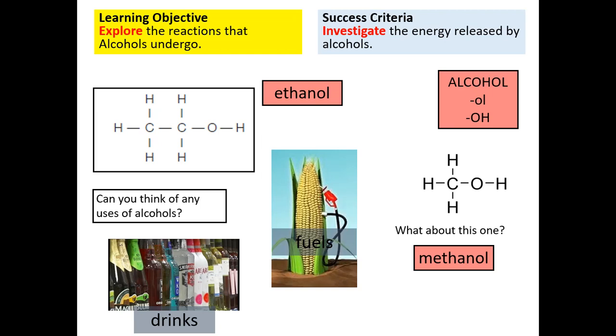So sometimes they're called biofuels. You can use ethanol as a fuel. It is highly flammable, so you have to be very, very careful. But the family of alcohols is the general term for any carbon compound where it's just made up of carbon and hydrogens, then you've got that OH group on the end.